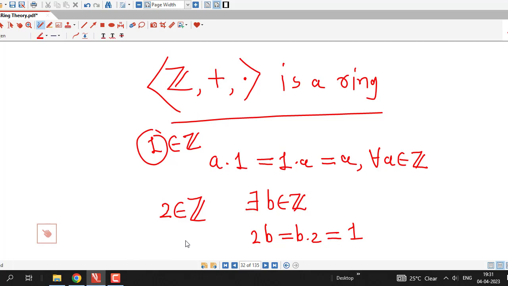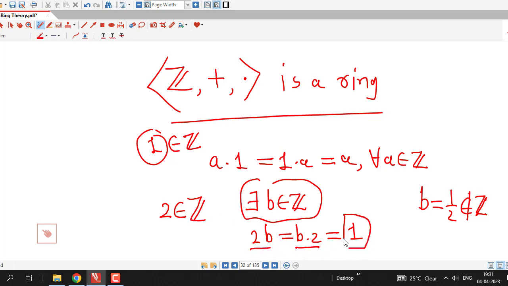From this we can see that the possible value of B is 1 by 2, but 1 by 2 is not an integer. So there is no integer in Z such that 2 into B equal to B into 2 equal to 1. Therefore non-zero elements of this ring of integers, especially 2, have no inverse in the ring.